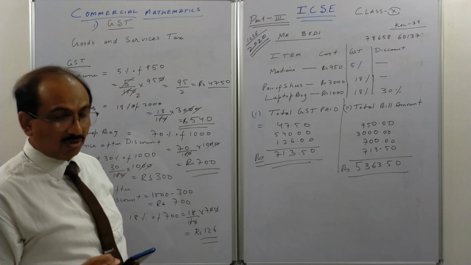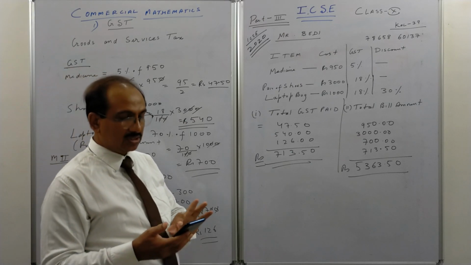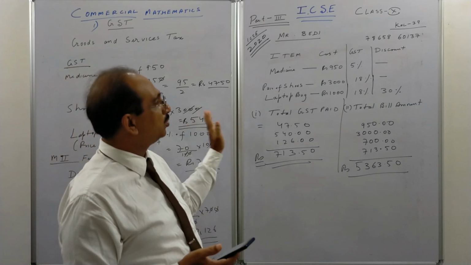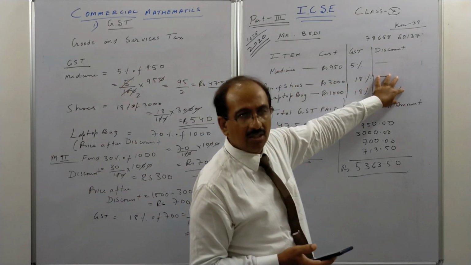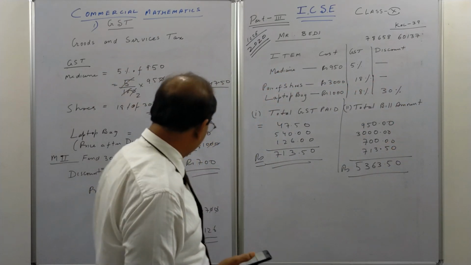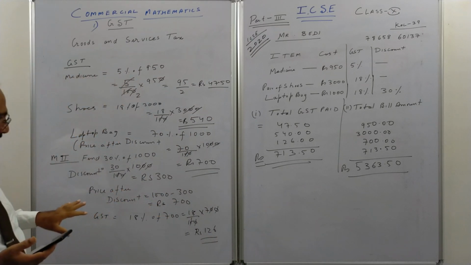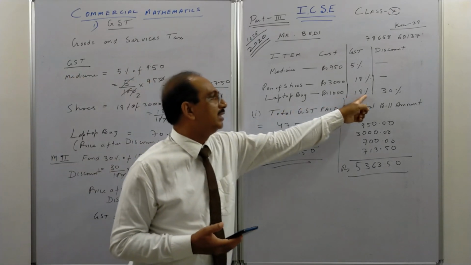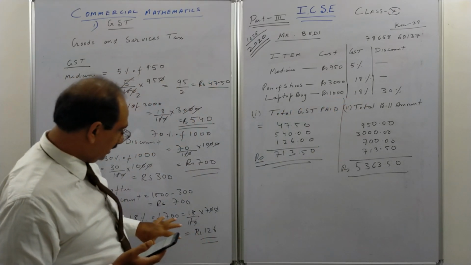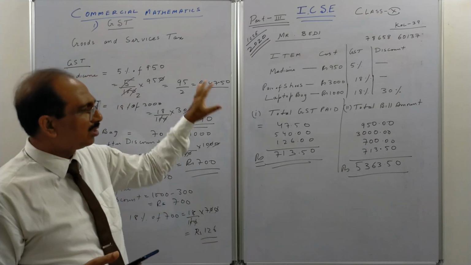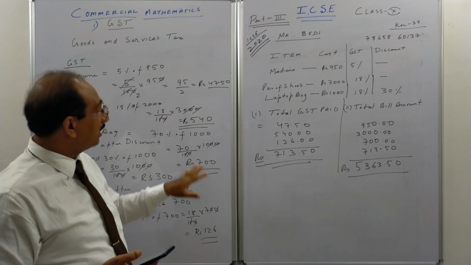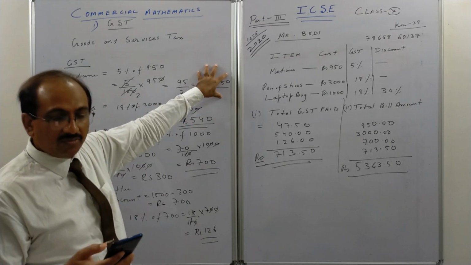There are two headings over here. Comments of examiners, meaning those who corrected the paper, found that children missed this 30% directly. They found 18% of 1,180, so the answer they got was not 126 but 180, and a lot of marks would have been lost. The second thing is about two places of decimal.